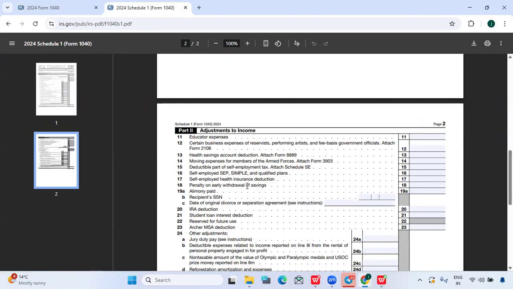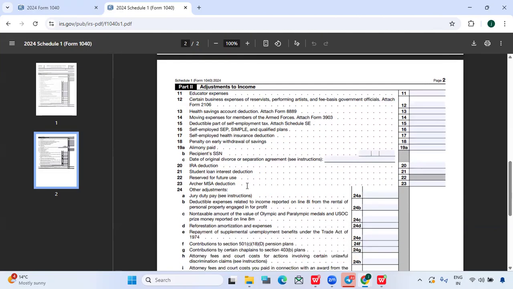The total income is important, the taxable income is important. In this we can reduce a couple of expenses, which are adjustments to income, such as educator expenses and also health savings accounts. If you keep some money in the HSA account, then you will get some benefit, and to that extent we need not pay any taxes.